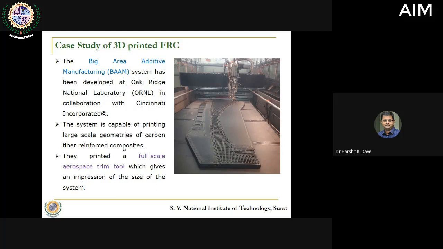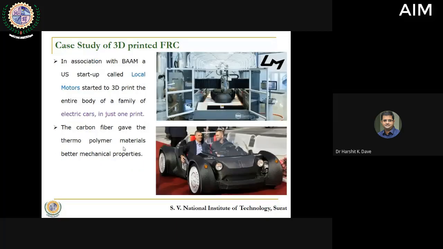So this is a single part rather than printing it separately and then assembling those parts. This is a full scale aerospace trim part that is being printed simultaneously as a single product.